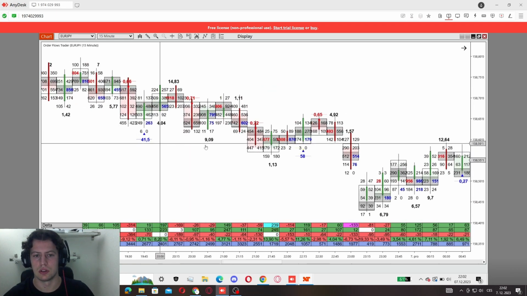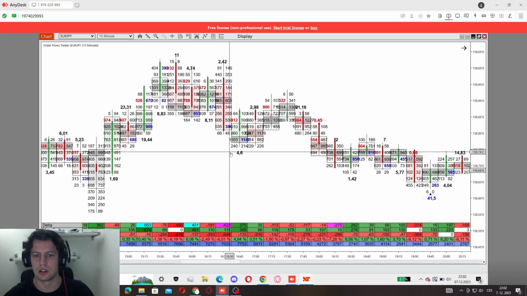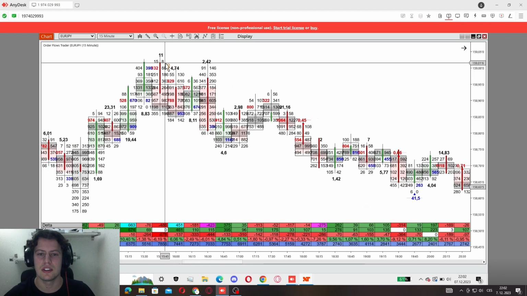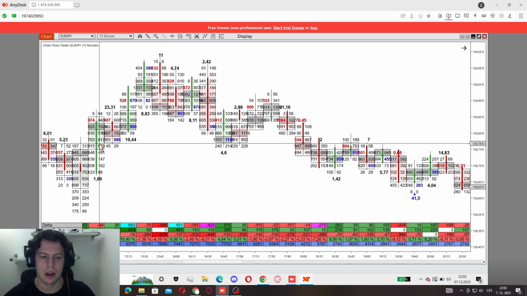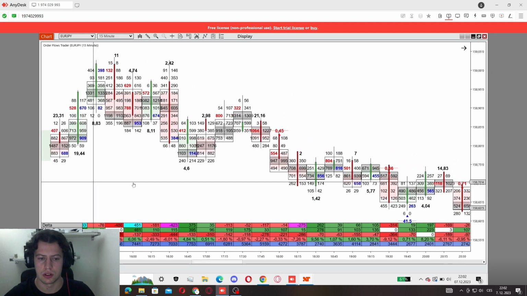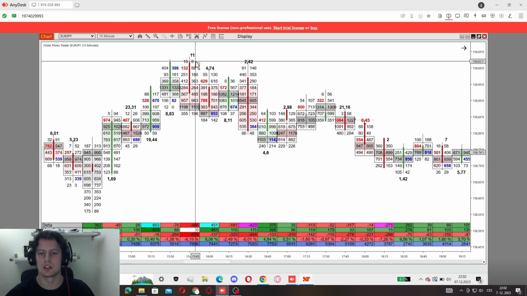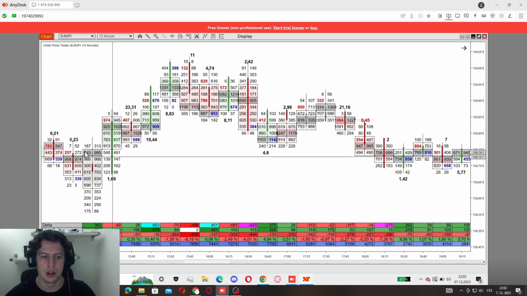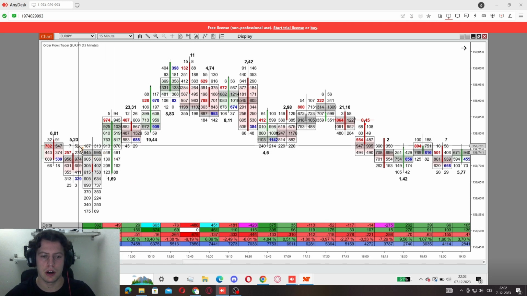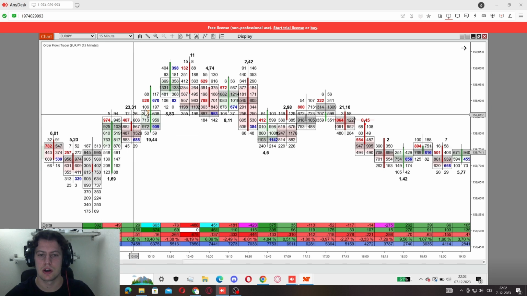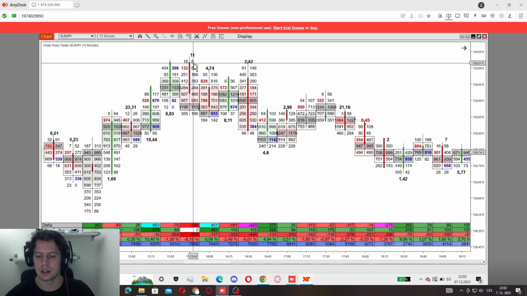I don't know if it will be in some zone, but like this, it's not an exhaustion print, but look, you have a lot of buyers and sellers. I will extend it like this. It's a sell candle. Okay, so sell candles. You have 52 buyers, 300 buyers, 26 buyers, and here only 8.